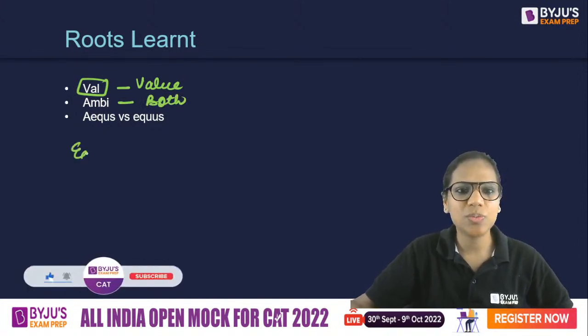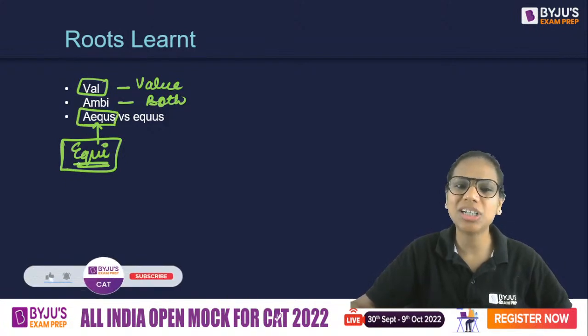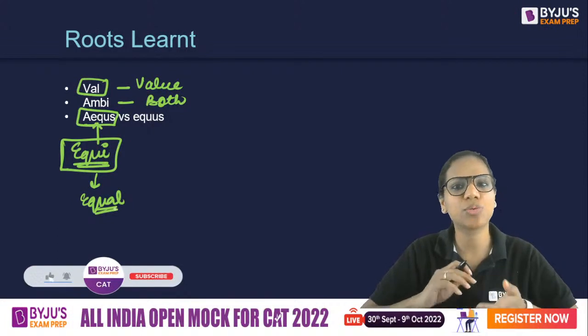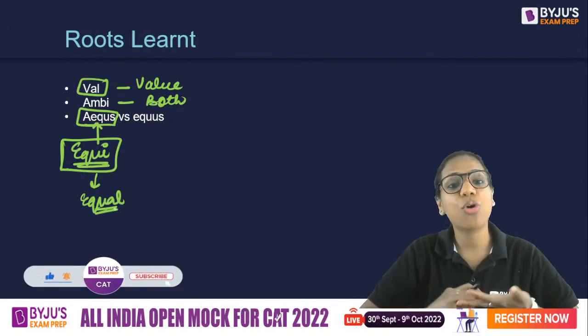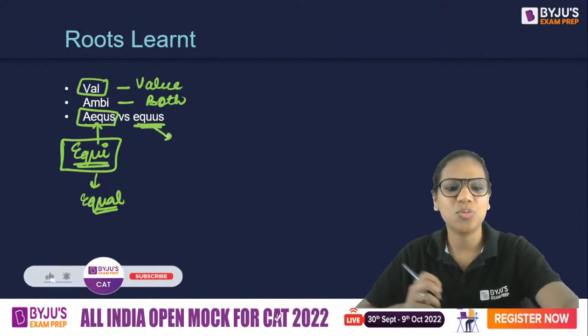And yes, equivalent. When I said equivalent, so equi, the root for this is equus, with an A, but it's written like this in English. The A skipped. It means equal. So equal, equivalent, equanimous, all of these have this equal root, equus. And this one, what does this one mean?